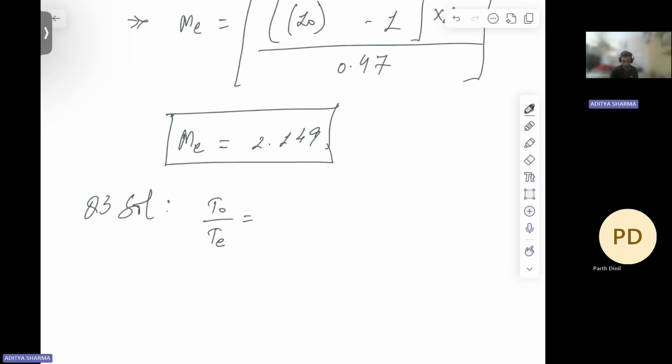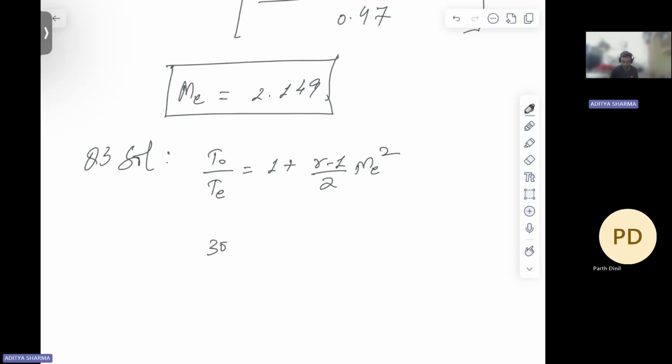So again, I'll use this relation. T naught is given as 3000. P exit.